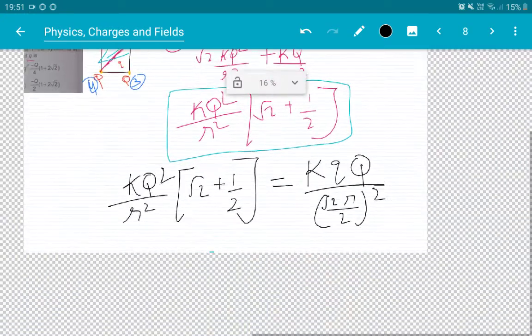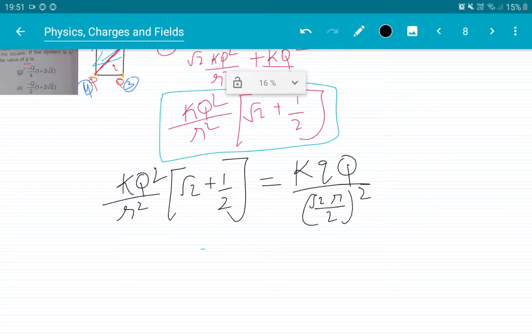That's why we get it like this. Now here we can cancel some items. k cancelled, Q cancelled, and next one will cancel, right?